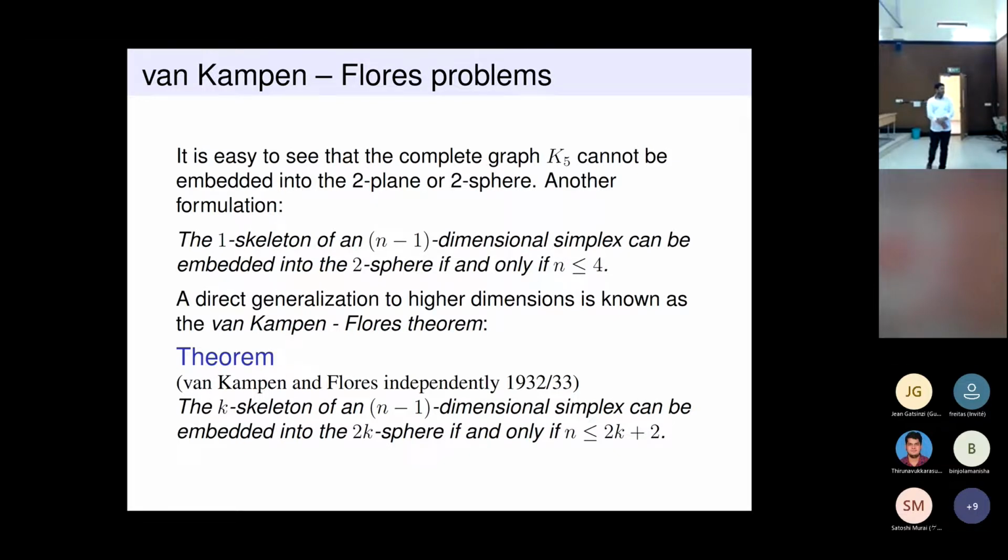This theorem was proved by Van Kampen and Flores independently during 1932 and 33. The k-skeleton of an (n-1)-dimensional simplex can be embedded into the 2k-sphere if and only if n is less or equal to 2k plus 2.